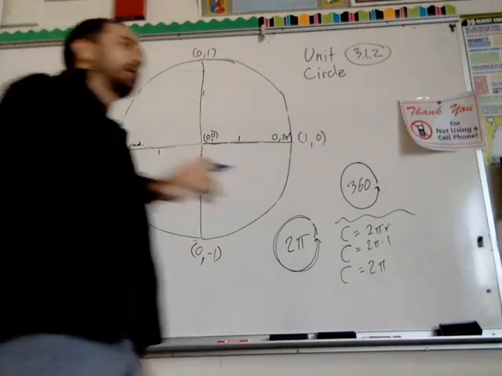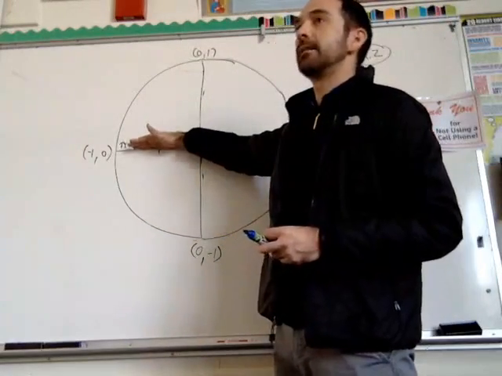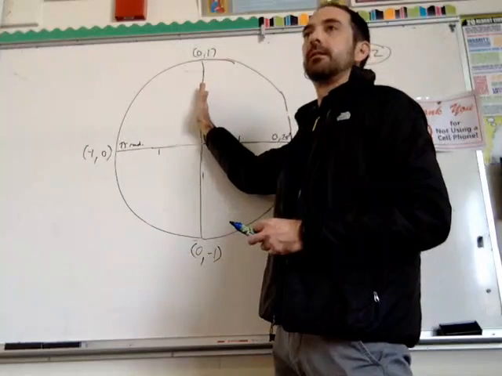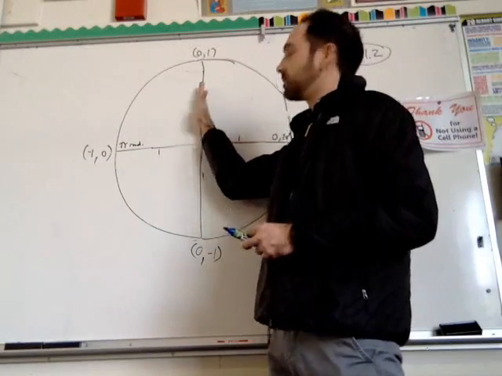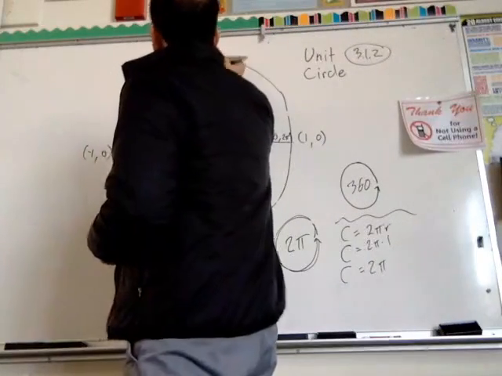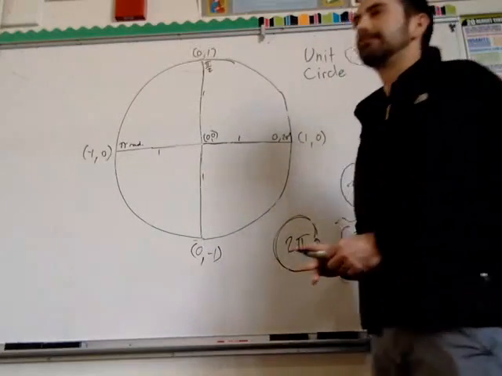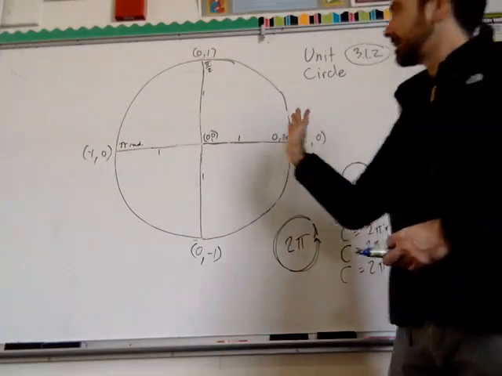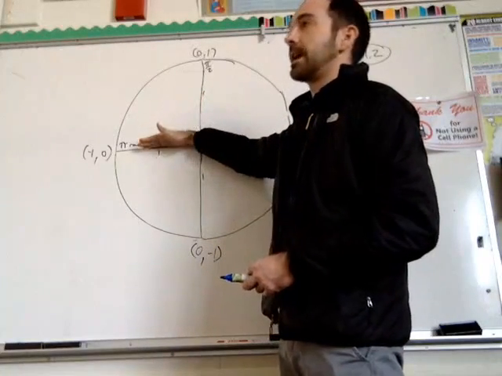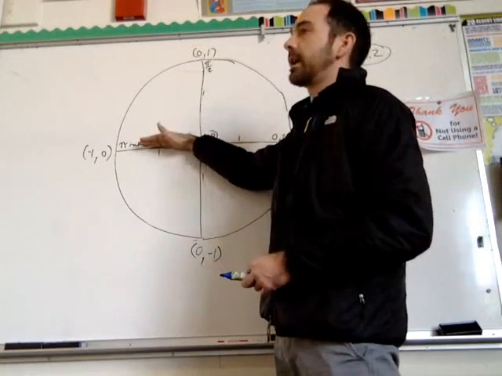So here's the thing. Here's 0. Here is pi. Between 0 and pi, how would we find this point? What would this angle be? Half a pi. Pi over 2. 0 pi, half a pi, an entire pi. Okay? 0, 50-cent piece, $1.